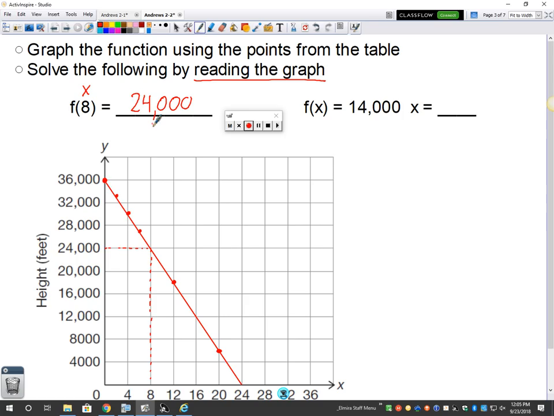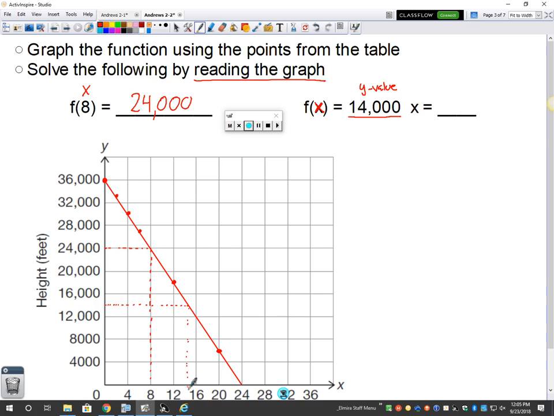Okay, now the second one, there's still an x here. So if there's still an x here, then this 14,000 is a y value. And I'm going to take that and follow the graph on the y-axis to 14,000, which should be halfway between 12 and 16,000. Follow that across, follow that down.